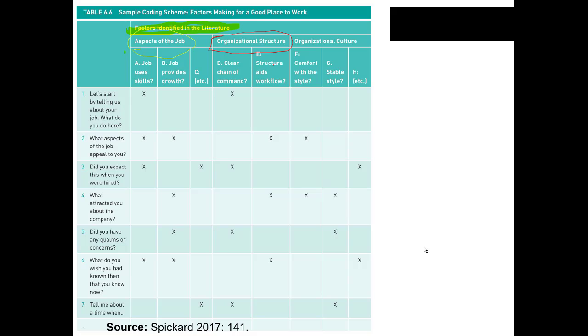And then organizational culture is, how does work take place in that particular organization? So some organizations are very rigid. If you think of the military, it's fairly rigid in how the culture is structured. But that might well fit with somebody's personality.